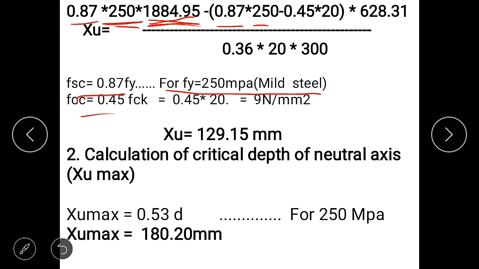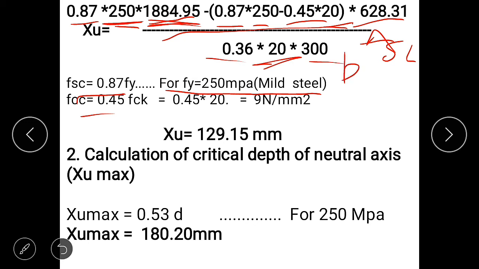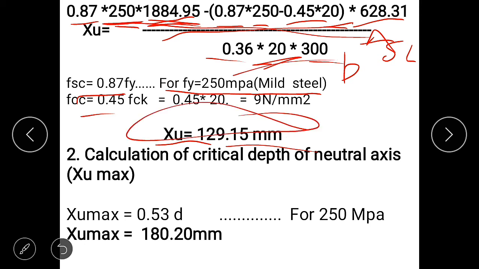So FCC is 0.45 into 20, into ASC. ASC we already calculated, 2 bars of 20 diameter, area 628.31, divided by 0.36 into FCK, which is 20, and B is 300. So XU is 129.15. By solving this numerical, you easily get XU. XU is equal to 129.15.